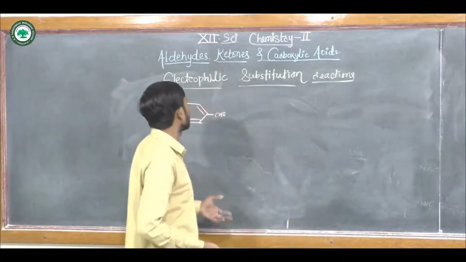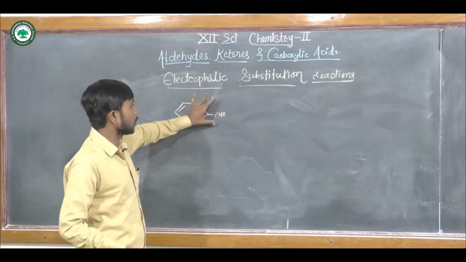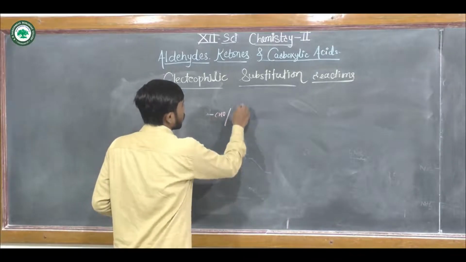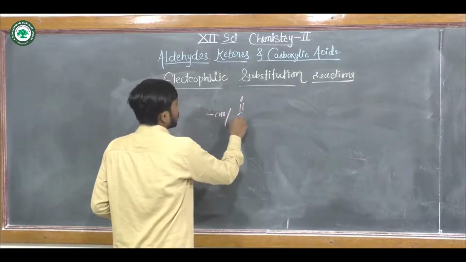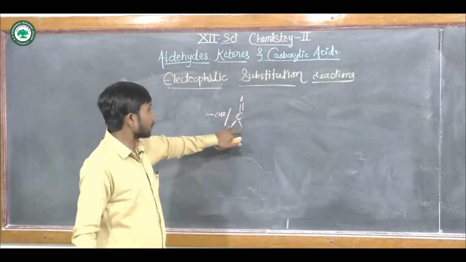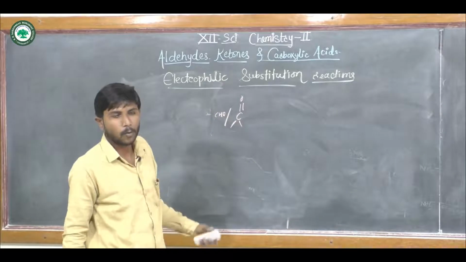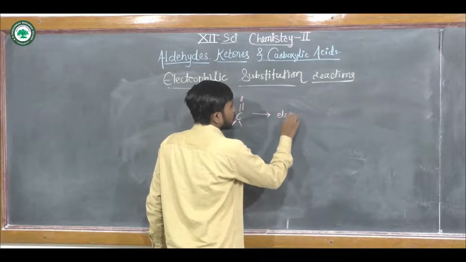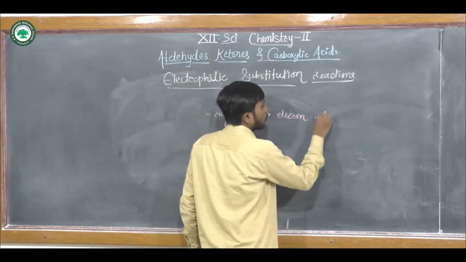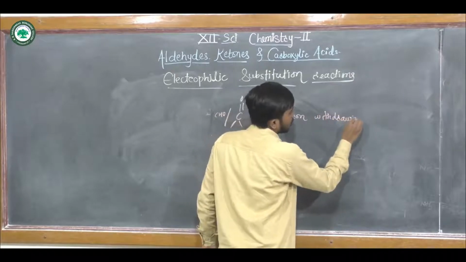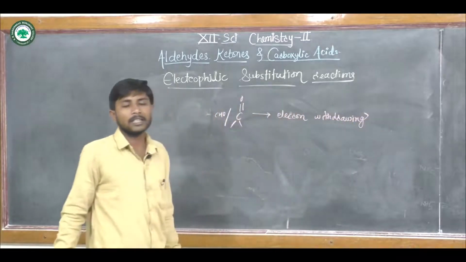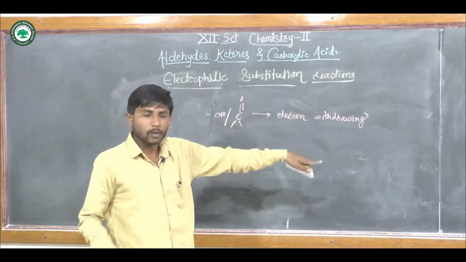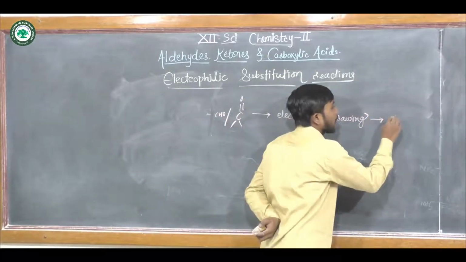But in case of the CHO group or carbonyl group present on the aromatic ring, whatever it may be, it acts as an electron withdrawing group, and we can draw different resonating structures, and due to inductive effect also, that electron withdrawing group will always be meta directing.